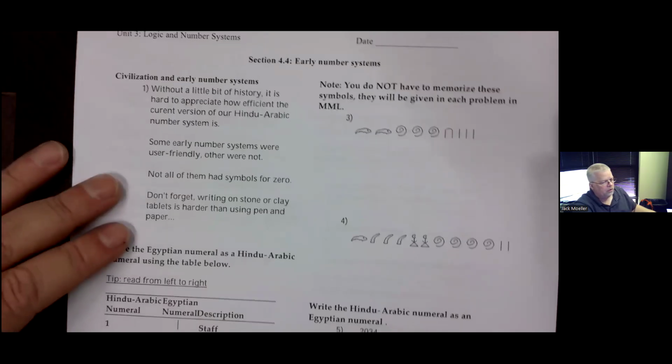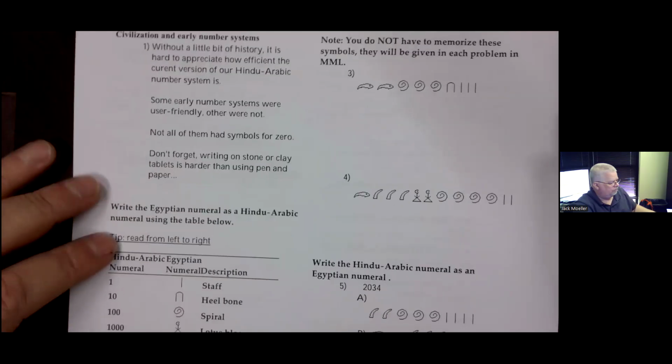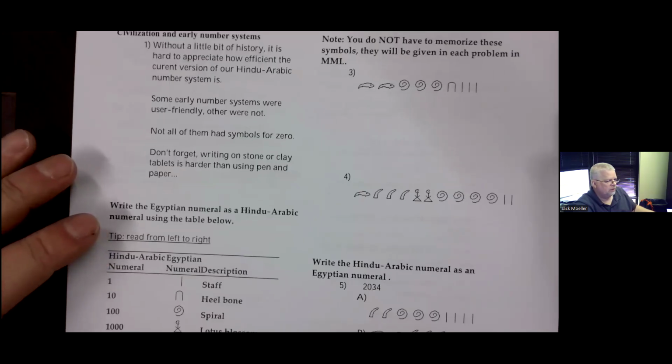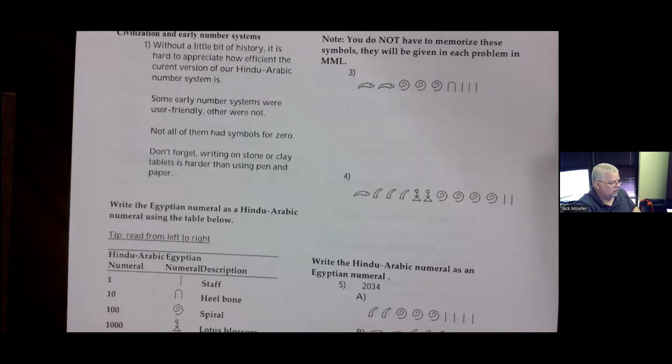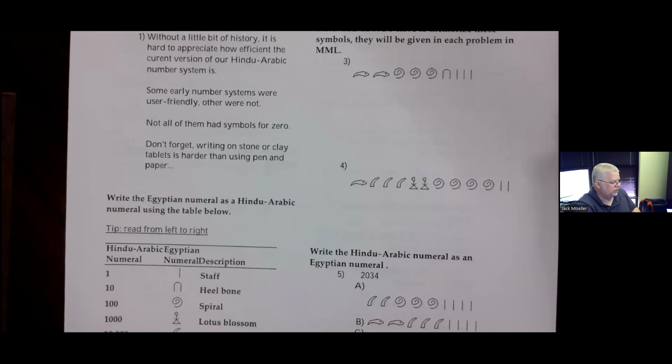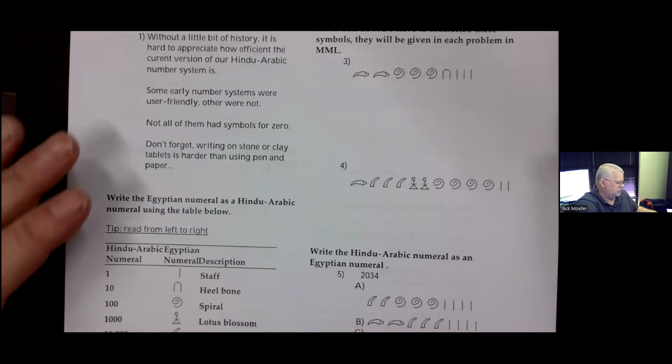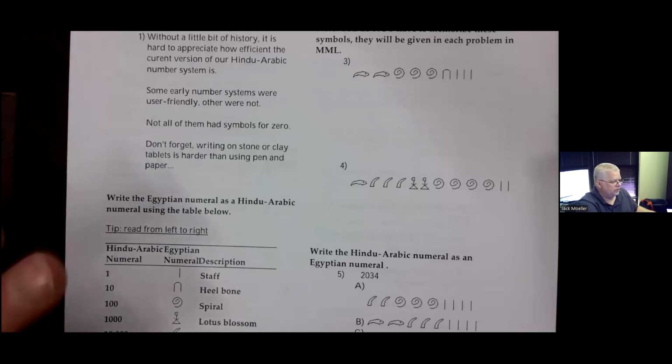One thing to remember is that a lot of these number systems didn't have a symbol for zero, which may not sound like much, but if you don't have a symbol for zero, it's kind of hard to talk about it like a regular number, right? Even to this day, in Western civilization, since we treat zero as sort of nothing, that tends to cause problems. So a lot of early number systems didn't have zero.